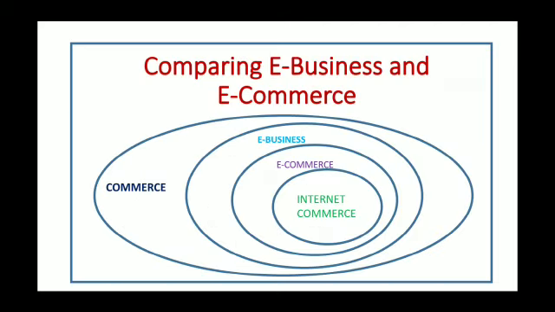Next will be comparing electronic business and e-commerce. This is layers of modern commerce. Like in commerce, you will be having electronic business, e-commerce, everything will be done on the internet. This is internet commerce.